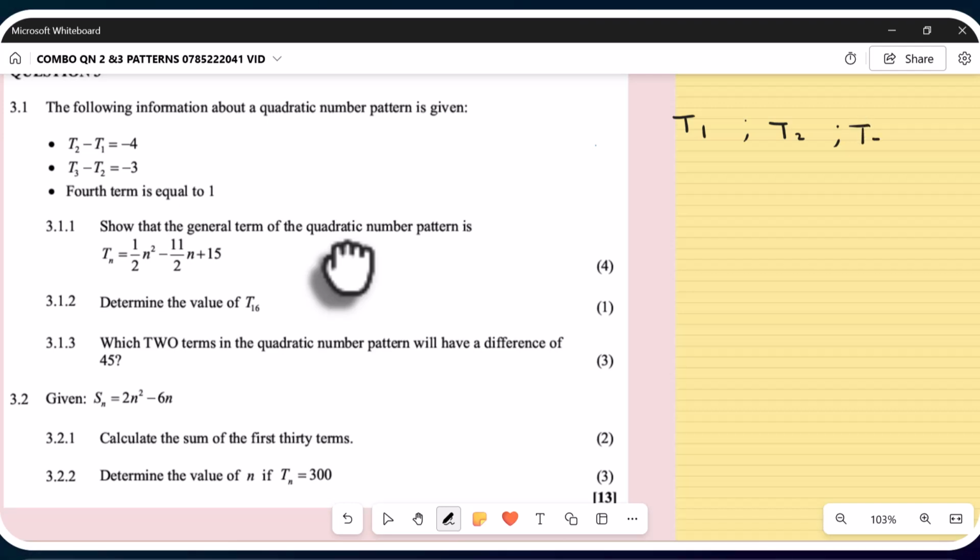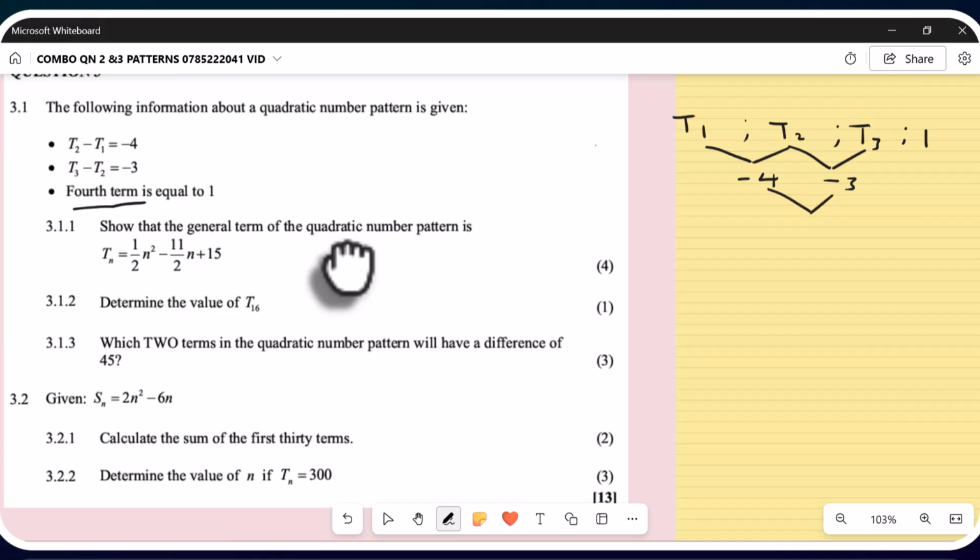Now T2 minus T1 gives us negative 4, so I'm putting negative 4 here. T3 minus T2, they gave us negative 3. Being quadratic, I'm going to get a second difference: negative 3 minus negative 4 gives us positive 1. They say show that the general term is given by this.